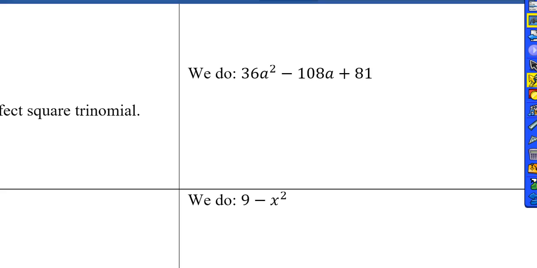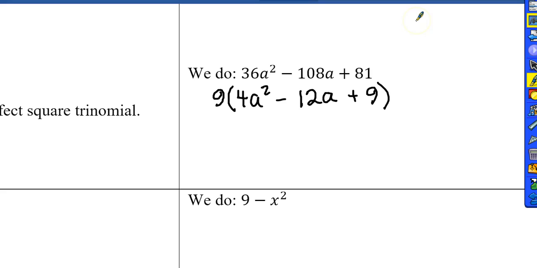However, there is a GCF. What is it? It is 9. So let us factor out a 9. So we get 9 times 4a squared minus 12a plus 9.